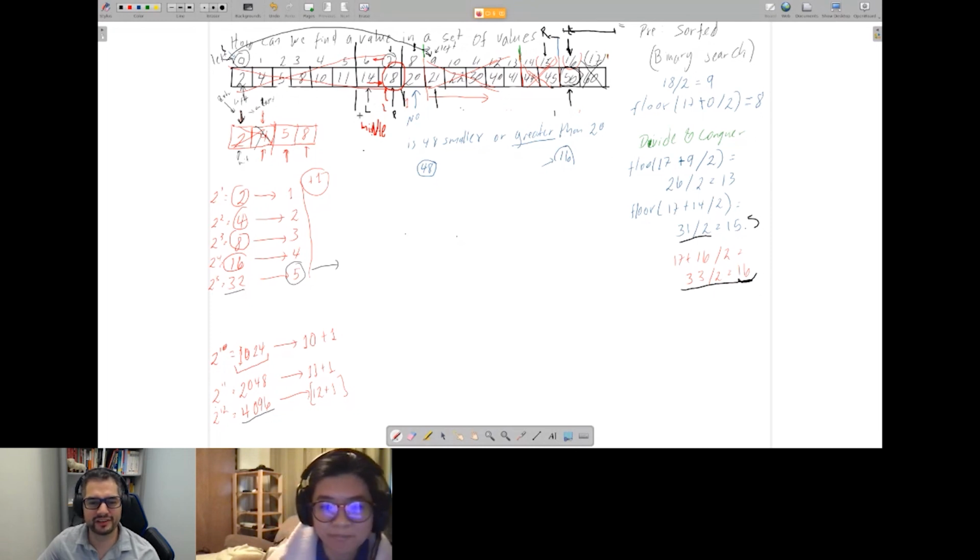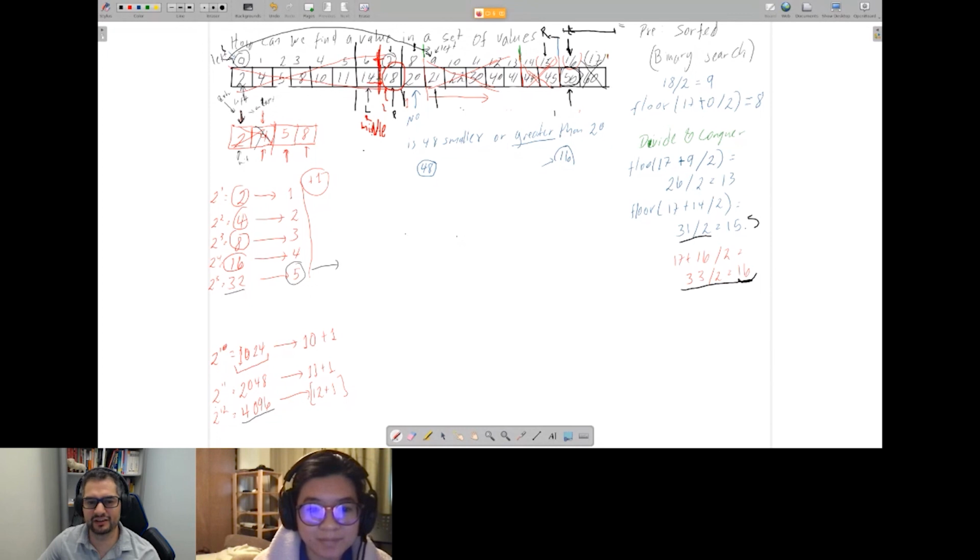It will only work if this were the only value, and that could be the case. This is the only value, and this is left, and this is right. And we're looking for 15, and we say, well, 15 is not here. It should be after.